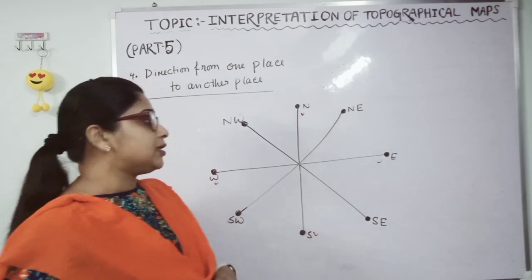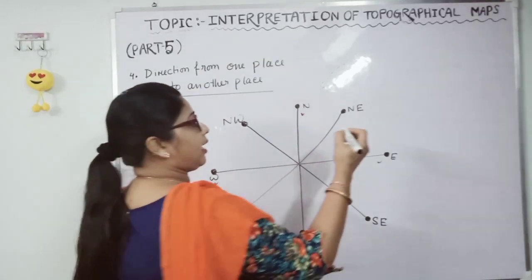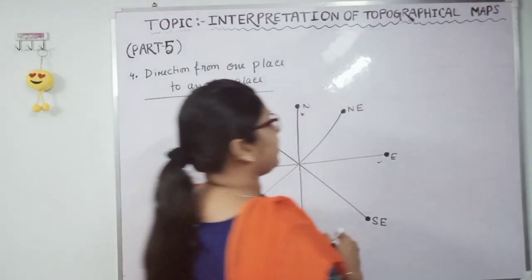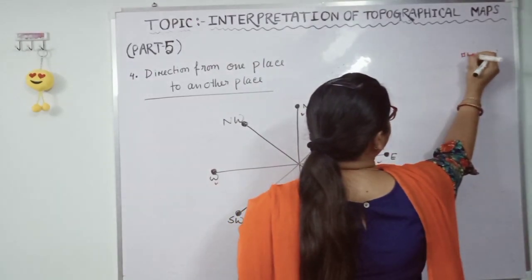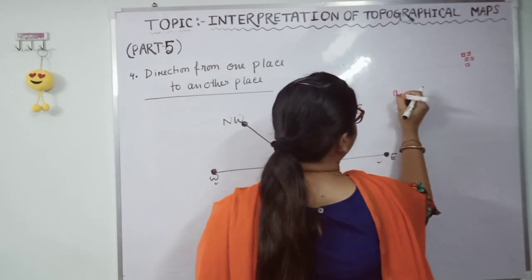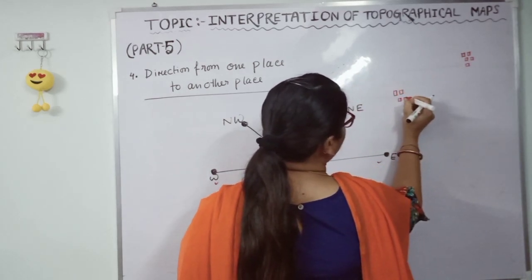First of all, see, I am giving an example here: a settlement is given, and another settlement is shown here.